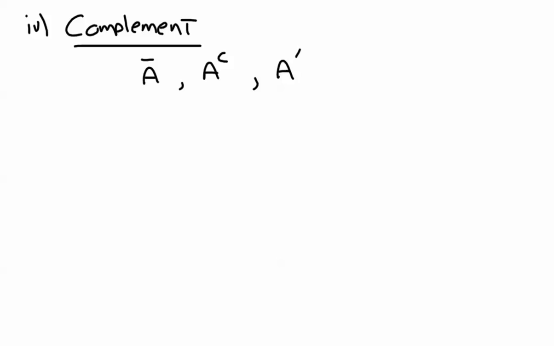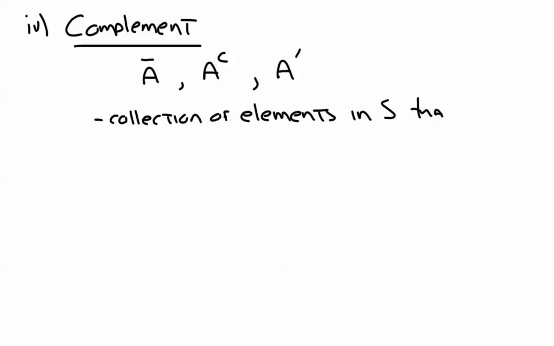And basically the complement of A is that collection of events or outcomes or elements which are not in A. All right, so it's the collection of elements in the sample space or universal set that are not in A.